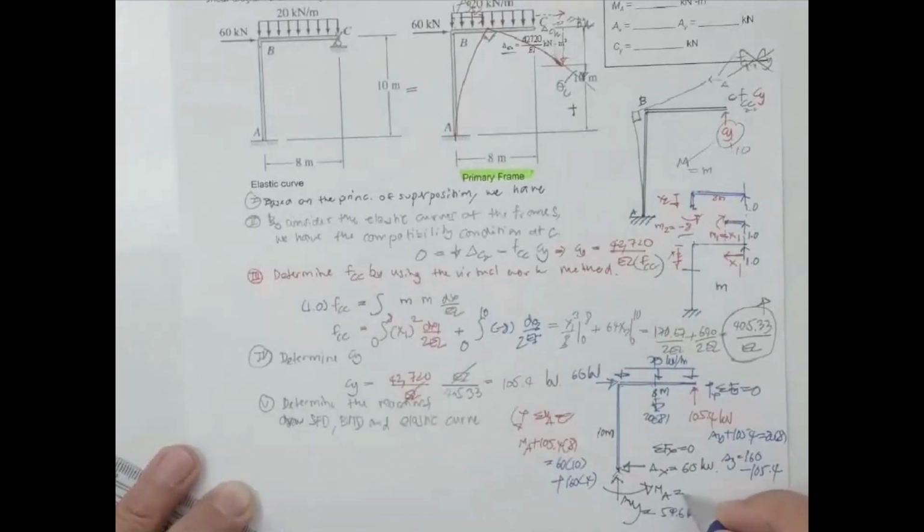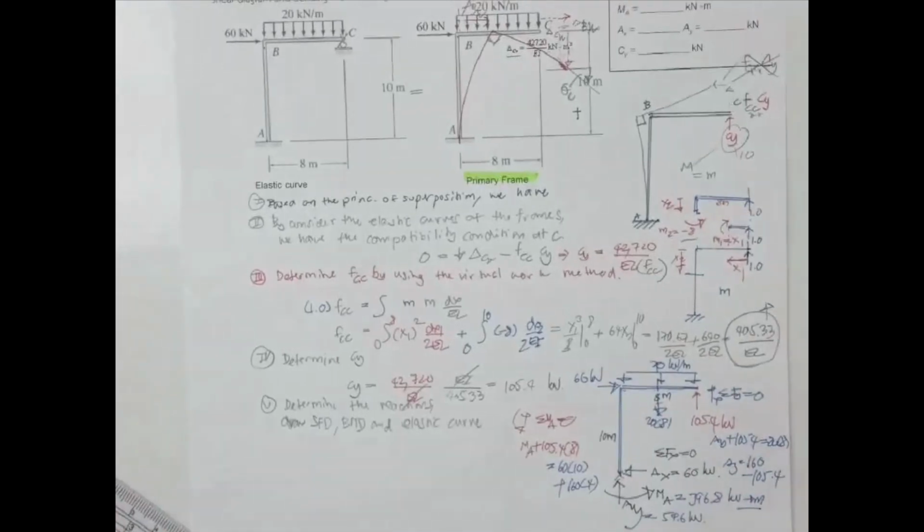M sub A is gonna be 396.8 kilonewton meter.